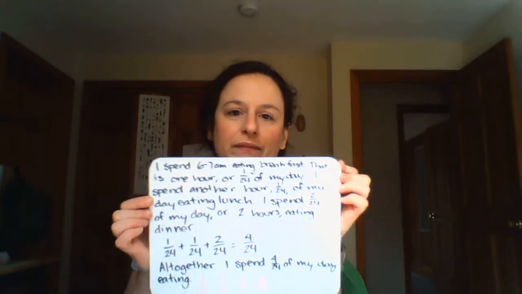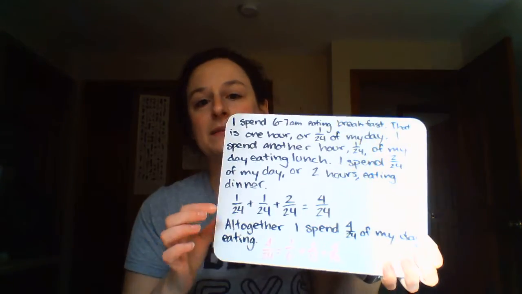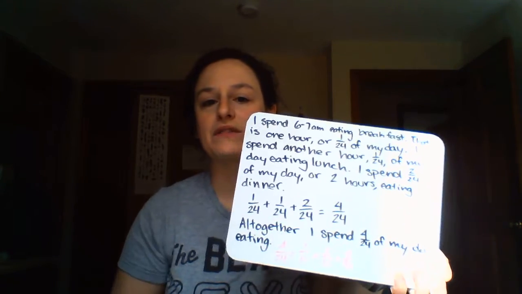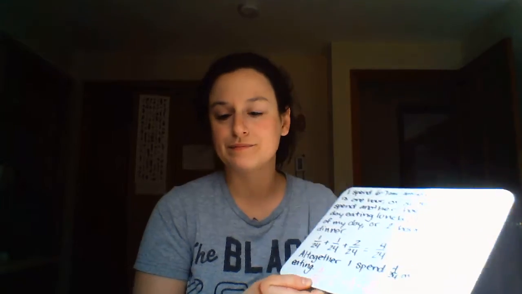This week we created our daily schedule in fractions. We found equivalent fractions for 3 different activities, and we also found out the total amount of time in fractions that we were spending on each of those activities. For my example, I had my daily schedule. I added together all of the time I spent eating, and I ended up spending 4/24 of my day eating altogether.